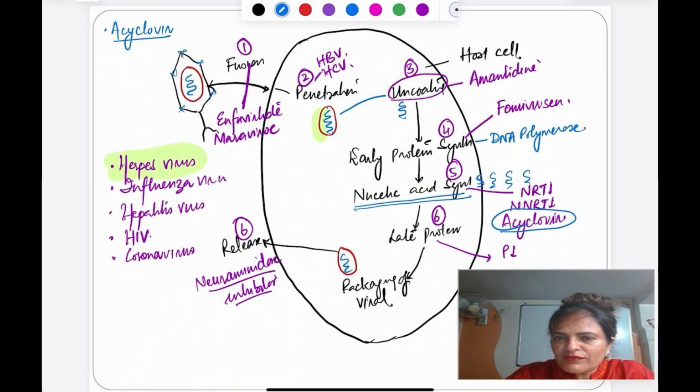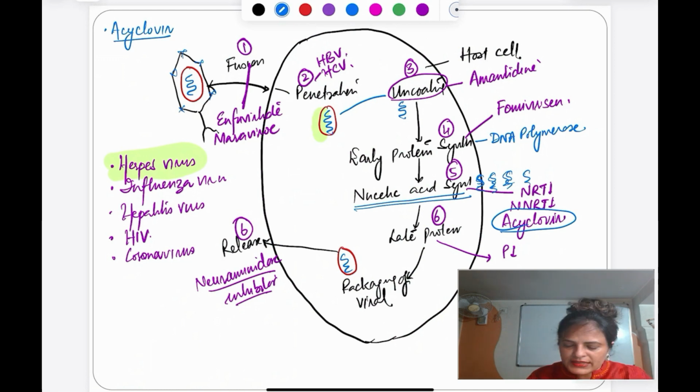And for the synthesis of nucleic acid, just let me tell you a basic thing. For nucleic acid synthesis there is a nitrogen base, along with that there is deoxy sugar and phosphate.